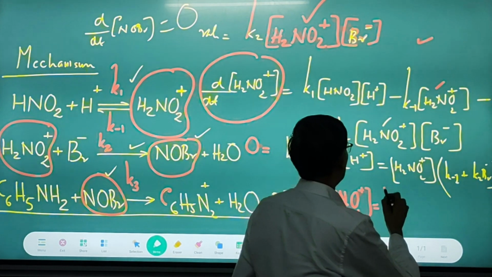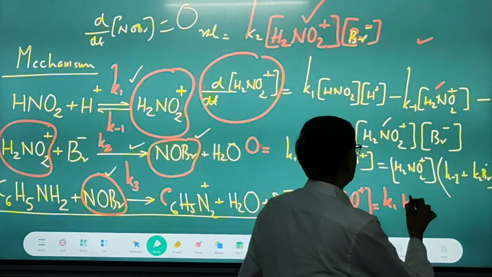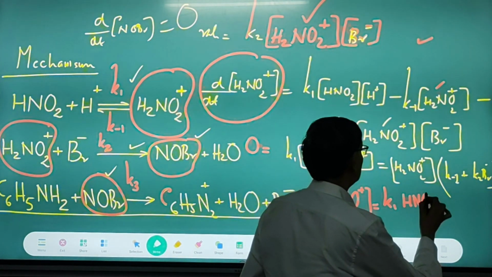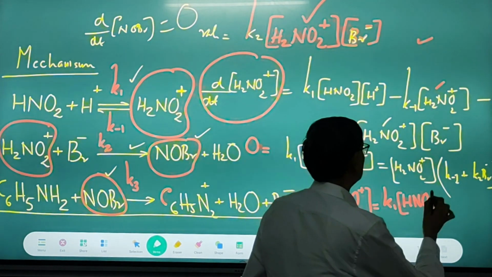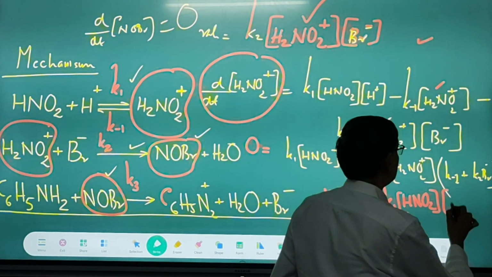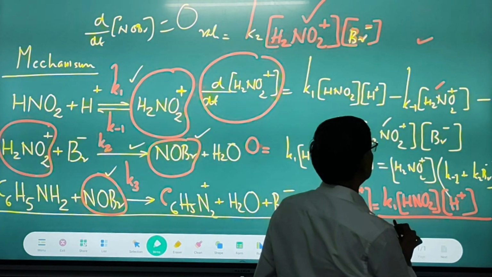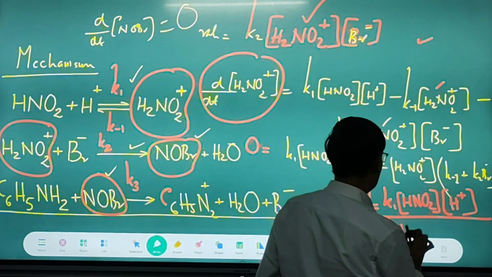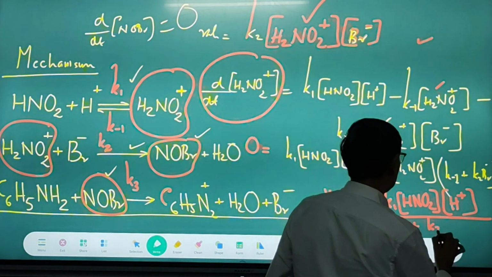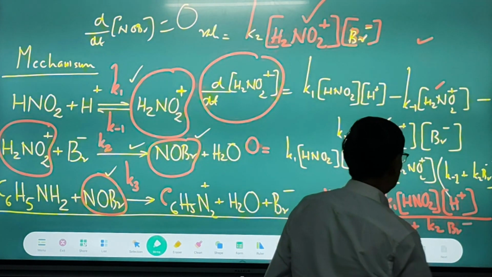So this is equal to K1 HNO2 H+ divided by the denominator part, K inverse 1 plus K2 Br-.